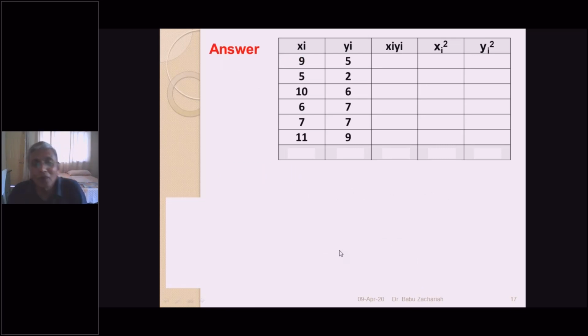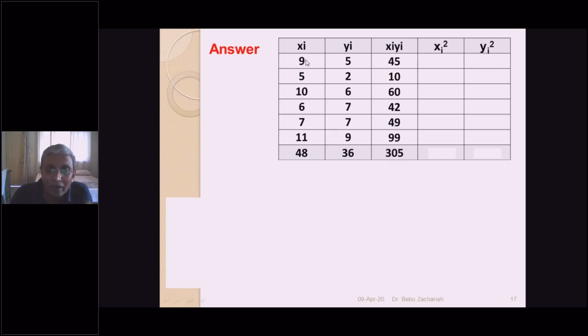So all the 5 columns are shown. So total of the first one is 48. Total of the second one is 36. Then 9 into 5, 45. 5 into 2, 10. 10 into 6, 60. 6 into 4, 7 into 7, 11 into 9, and its total.